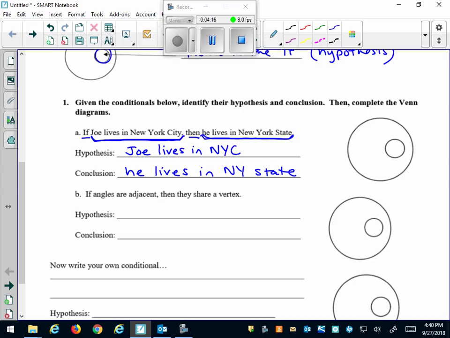So, based on our parts of the Venn diagram, the hypothesis, the if part, think if begins with I, and inside begins with I, so the if part goes on the inside. So, Joe in New York City. So New York City is the smaller category. And then the bigger one would be New York State. So living in New York State.